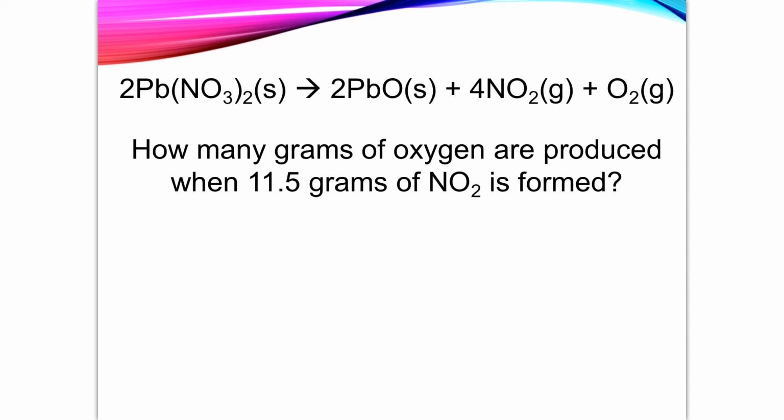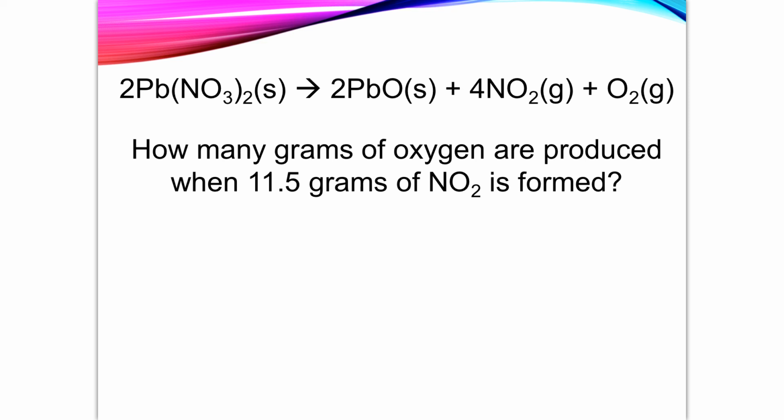The other method, which is just as viable and just as correct, is to do three separate calculations where you take the given amount in grams, convert it to moles first, take that answer, convert it to moles of your want material using your balanced equation, and then take that moles of want material that you calculate and convert it back into grams of what you want using the molar mass. So three separate calculations, you need to do that 3 times, but it's perfectly acceptable to do it that way.